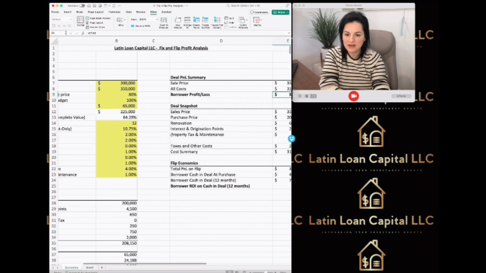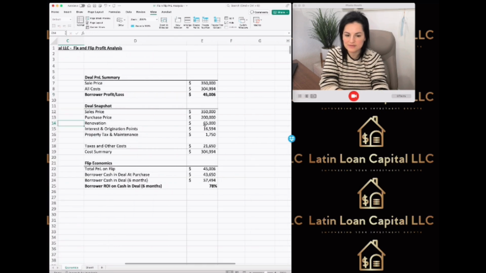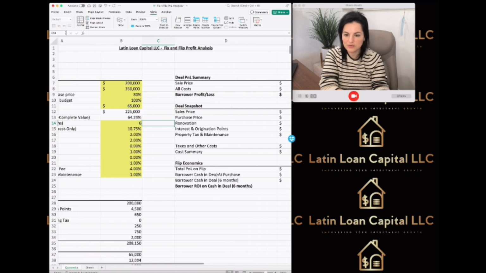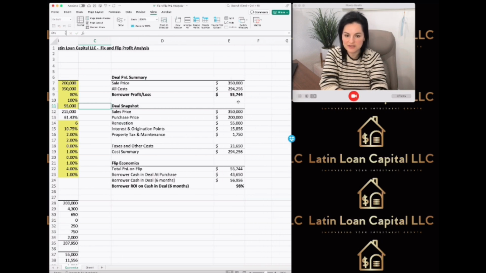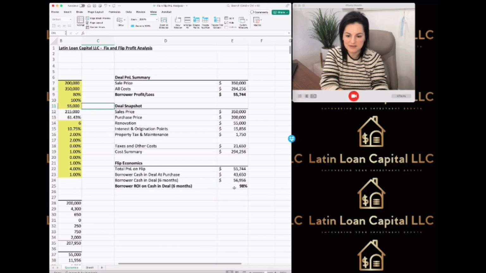Now let's say your time to flip is 6 months. Now this ends with 55,000. Now these numbers have changed significantly, okay? Because now your return on cash is 98%, where before it was 60%.